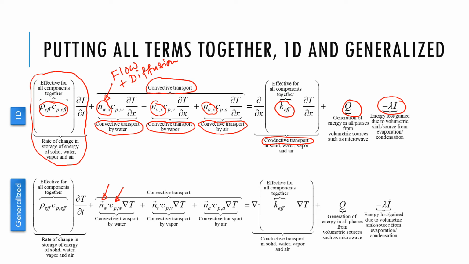So really nothing else changes, no meaning changes. It's just written more generally. So that is the entire combined heat equation that has all of the terms together.